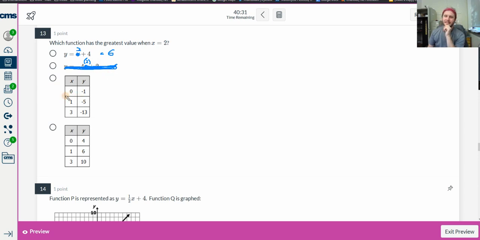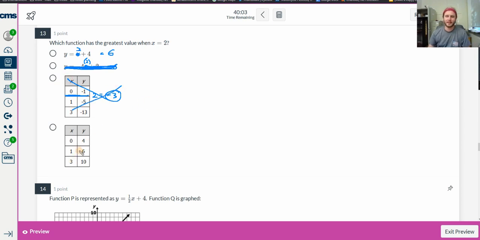For this one, it doesn't tell us what 2 would have been, but it does tell us that at 0 it was negative 1, and at 1 it was negative 5, which means if x were to equal 2, it would probably be somewhere right between negative 1 and negative 5, probably about negative 3, which again is less than positive 6, so that can't be it.